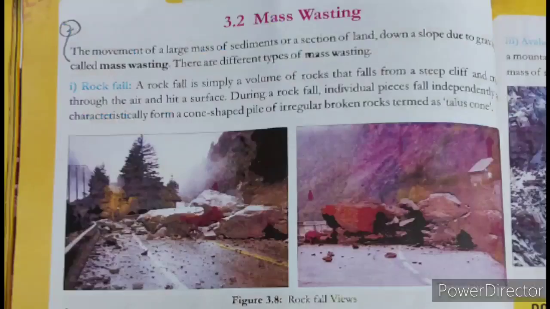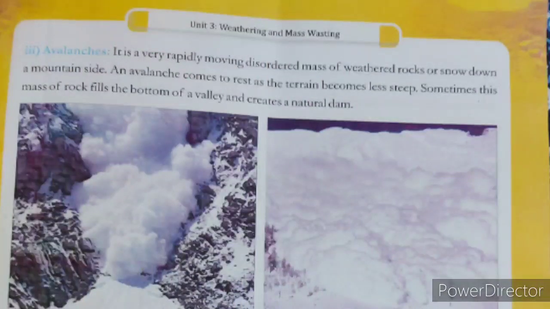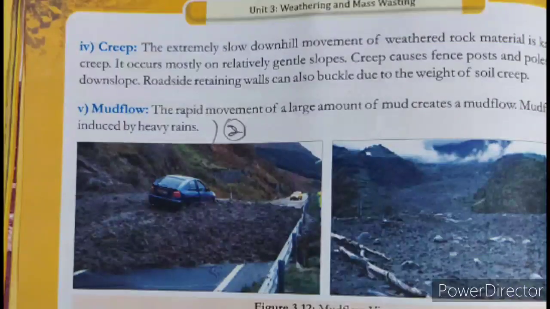The answer to this question is on your pages 30, 31, and 32. On page number 30, mass wasting, five headings are included in it: rockfall, landslides, avalanches, creep, and mud flow.